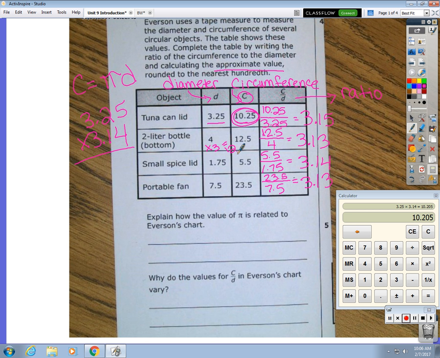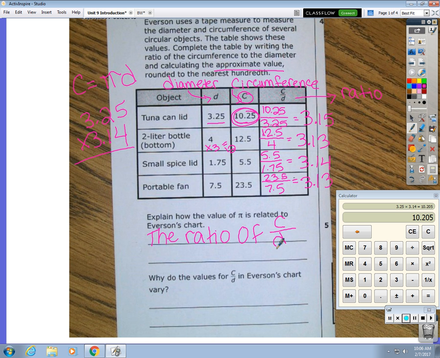Explain how the value of pi is related to Everson's chart. How did Everson get pi? Where does pi come from? The ratio of what?